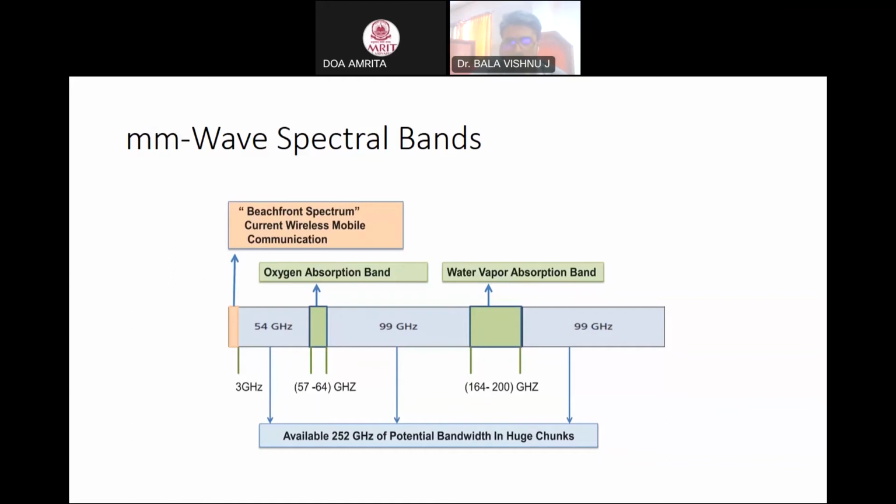So when we go to higher frequencies, these signals will not penetrate walls or some objects. How are we going to overcome that? That is the main challenge in millimeter wave spectral band communications. So at these high frequencies in 5G, penetration is very difficult, and we have to maintain line of sight communications.